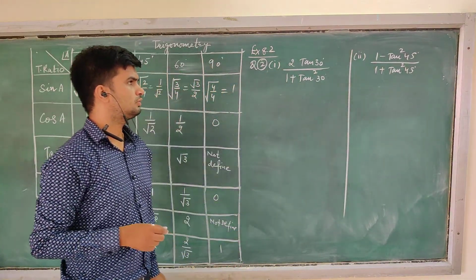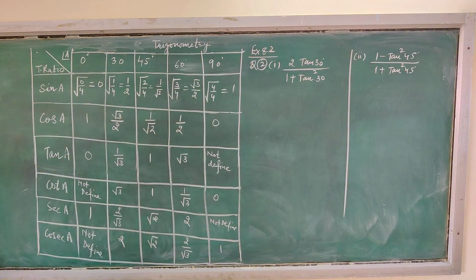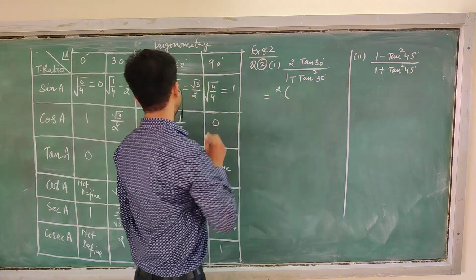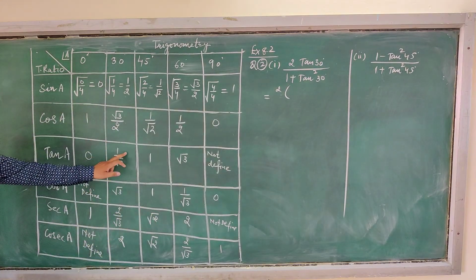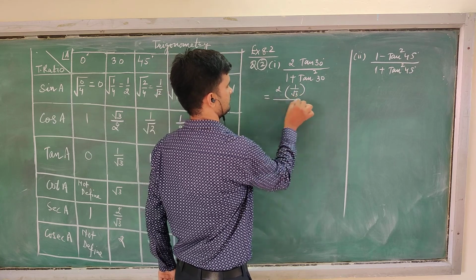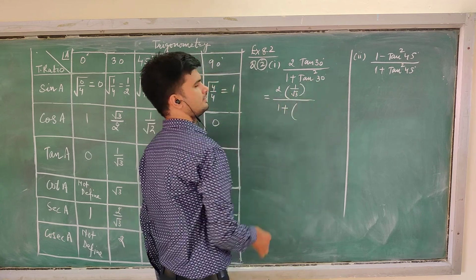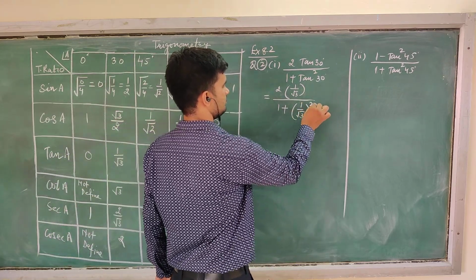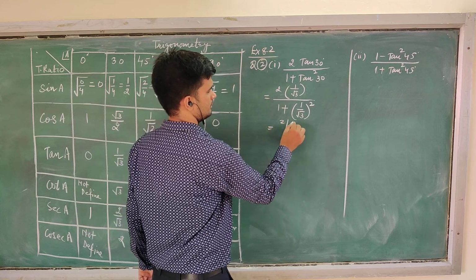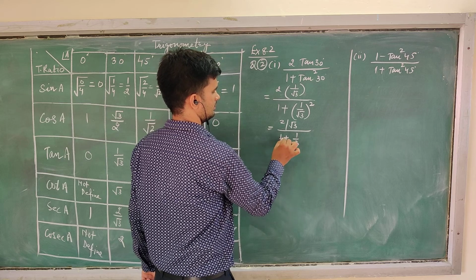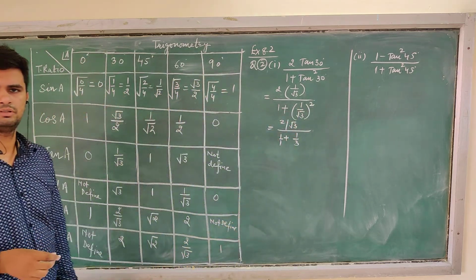First part, 2 tan 30 upon 1 plus tan square 30. Choose the correct option and justify your choice. 2 tan 30. Now see, tan 30 is 1 by root 3, upon 1 plus tan square 30. It is 1 by root 3 whole square, which means 1 by 3.